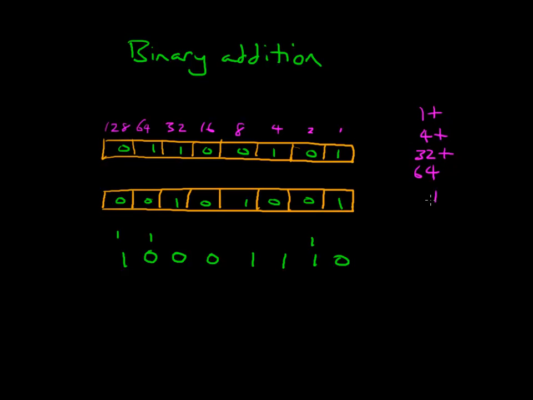That will be 11, and then 6, 9, 10. So that figure there is 101 in denary. And this figure here, I've got a 32 plus an 8 plus a 1. So that's 41 in denary.